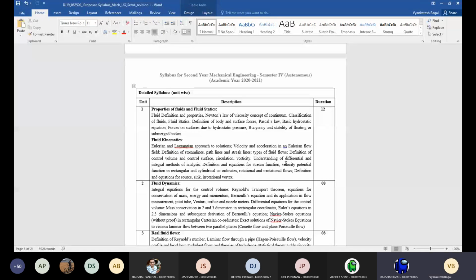Okay, now it will be too early if I talk further about the same topic, but only to give you the idea behind the two different types of approaches, I am just explaining it further. So the approach which you have used in engineering mechanics is called a system approach. Are you getting me?